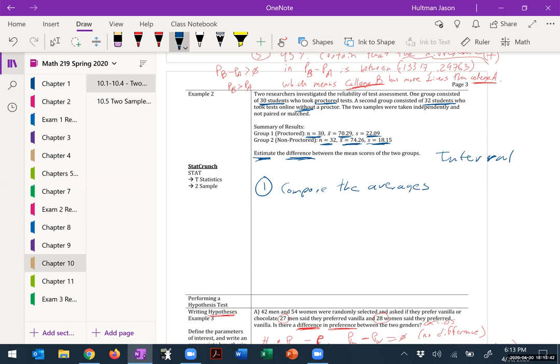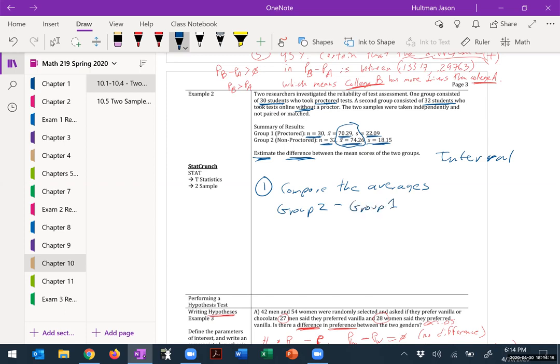We can see that the average went up, from 70 to 74. And I want to know, is that significant? Is there a significant difference in the two groups? Well, it's just easier for me to think of group 2 minus group 1. Now, why is that? Why is group 2 minus group 1?